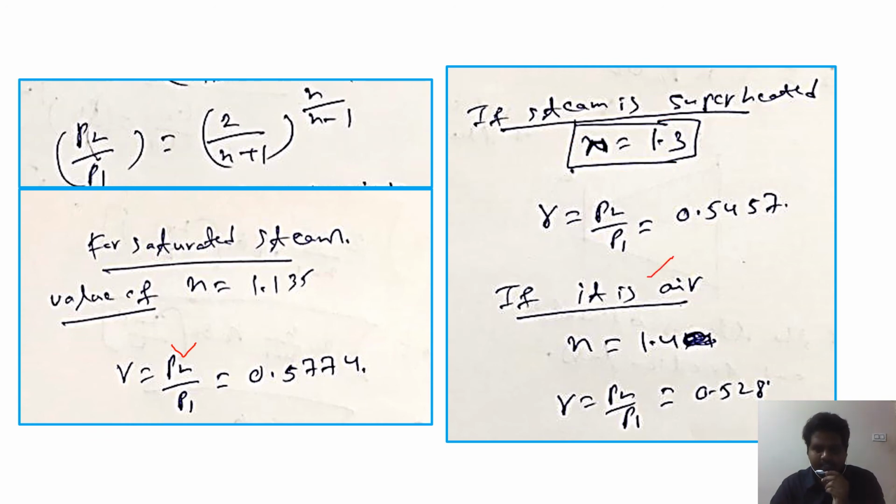In the case of air, the n value is 1.4. Again, if you substitute this n value in this equation, P2 by P1 equals 0.5. This is the way we can find the pressure ratios for saturated steam, superheated steam and air from this equation.